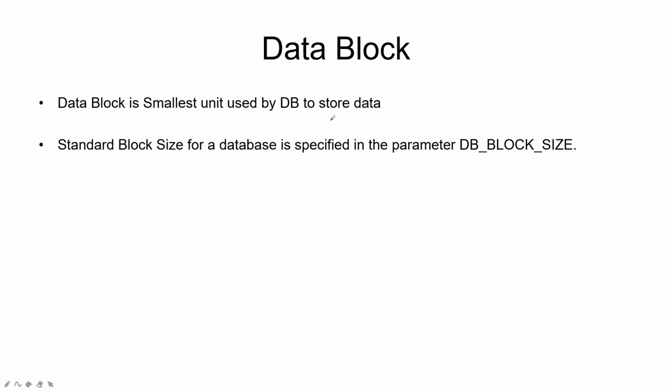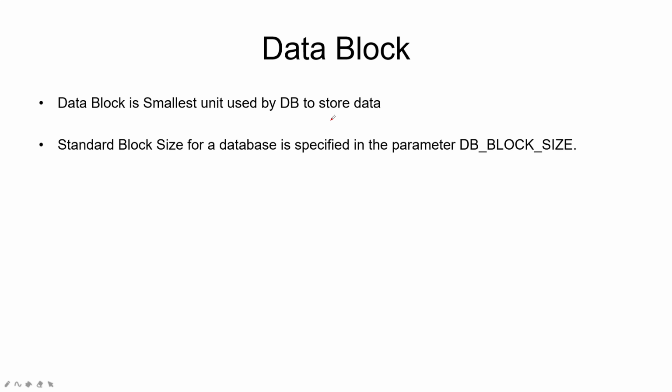So what it means is Oracle manages the storage space in a data file in units called data blocks. So the data block is the smallest unit of data used by the database to store the data. In contrast to the operating system, generally what we see in the operating system is where the data is stored in bytes. So bits, bytes, then kilobytes, megabytes, gigabytes, terabytes, and so on. It goes on.